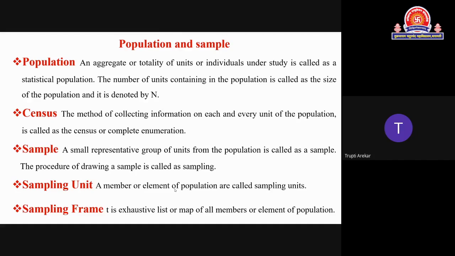As I have told you, surveys, laboratory experiments, and simulations are the ways of collecting the primary data. Talking about surveys, with the help of sample survey or complete enumeration, primary or secondary data can be collected. Next, laboratory experiments.